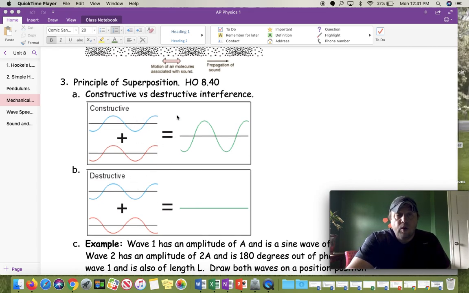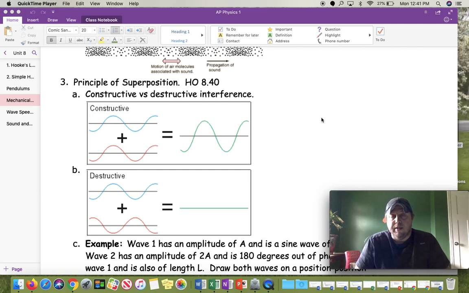All right. When we have two or more waveforms, they will interact with one another, and what happens is they superimpose as they pass through each other or as they radiate outward from the same source. This is called the principle of superposition, when two or more waveforms overlap.